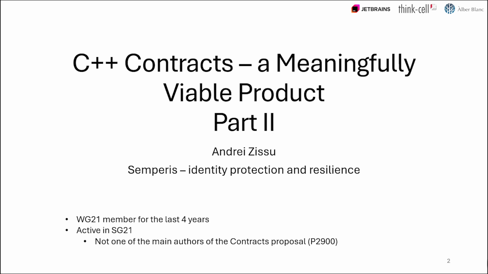I will start, before going into the slides, without a dedicated slide, with some latest updates. So the current situation is that the contract subgroup SG21 is currently inactive since it has basically finished its work for now. And all contract discussions have moved into the evolution group, EWG.